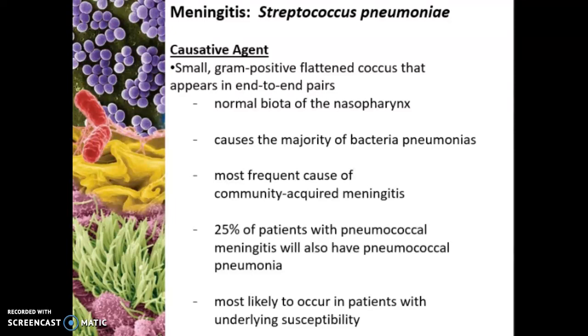And the reason for that is just because it causes pneumonia. So it's easy for an individual who has pneumonia to have high numbers of this organism, and because of the sheer numbers of Streptococcus pneumoniae, it's able to make its way into the brain. Generally 25% of the patients with pneumococcal meningitis have pneumonia.